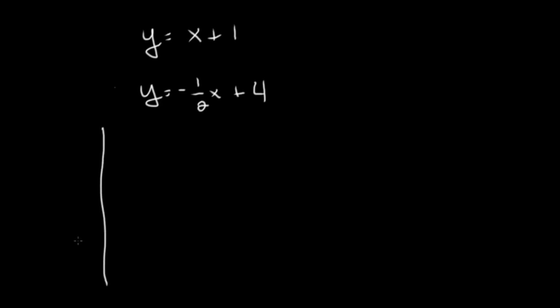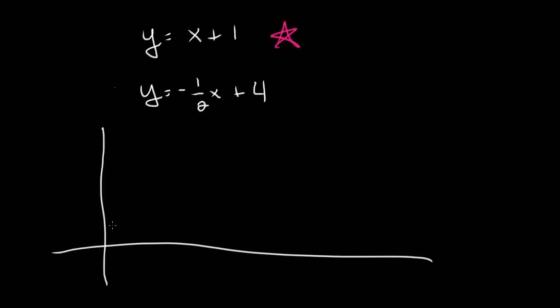So if I were to graph these two things, x plus 1 would have a y-intercept of 1 and then a slope of 1. Then negative 1/2 x plus 4 has a y-intercept of 4, up here, and then a slope of negative 1/2, so we're going down a little bit less steep than the previous one.